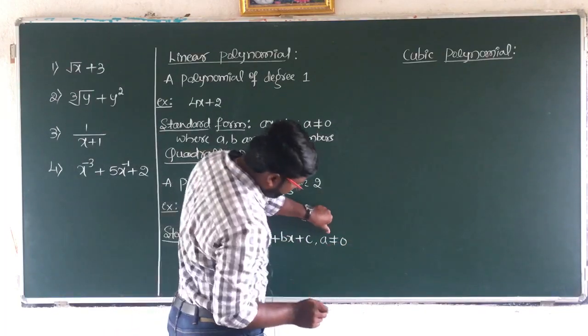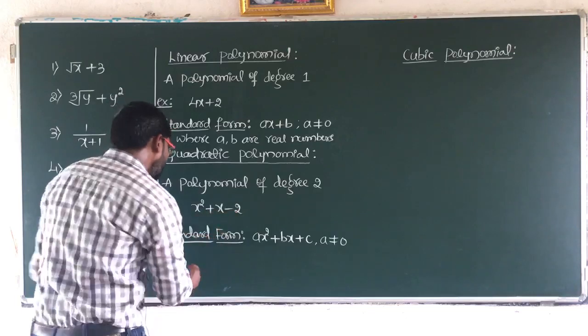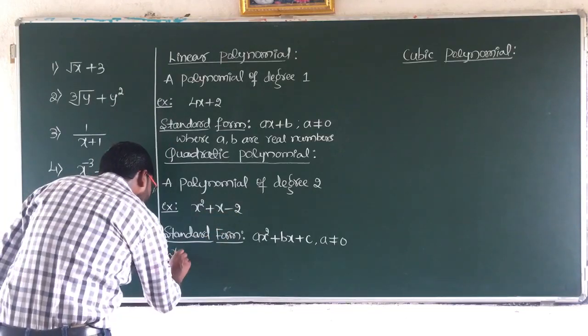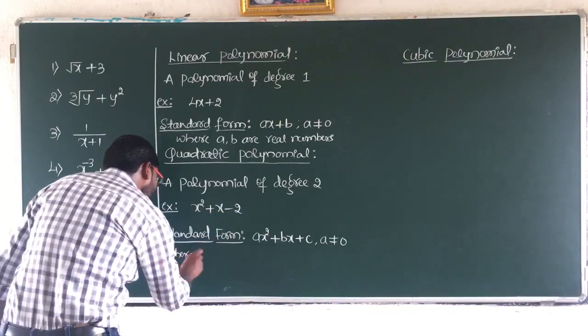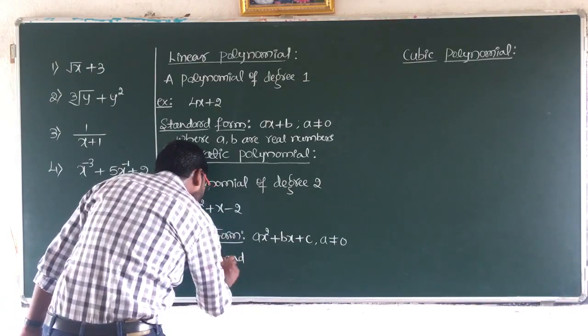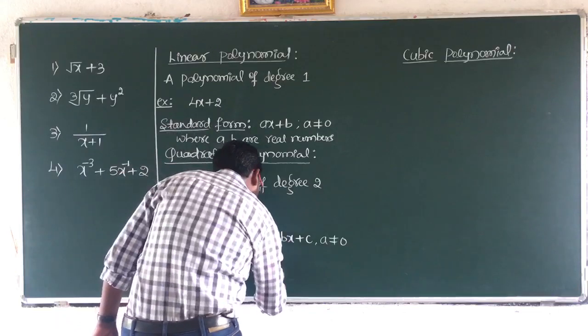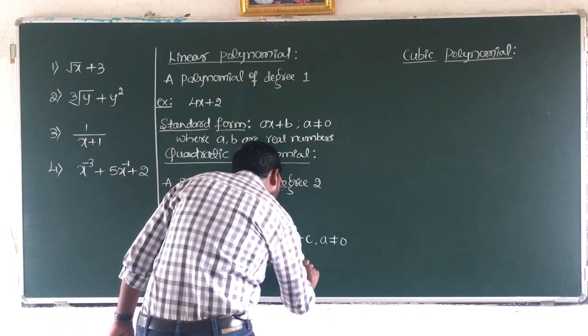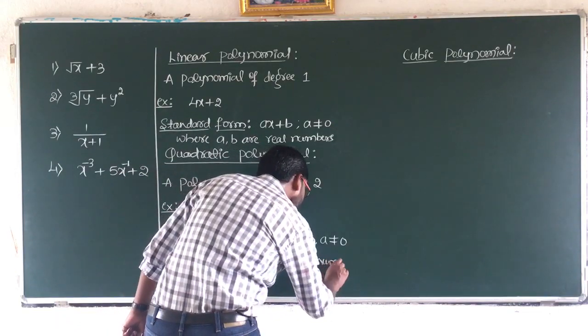So here a should not be equal to 0, and a, b and c are real numbers.